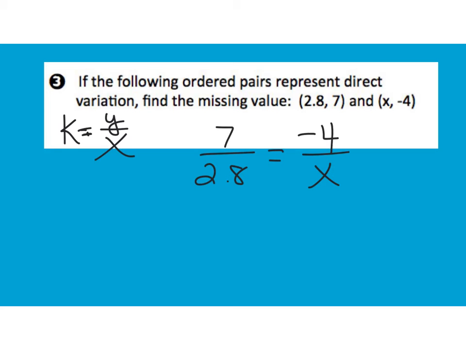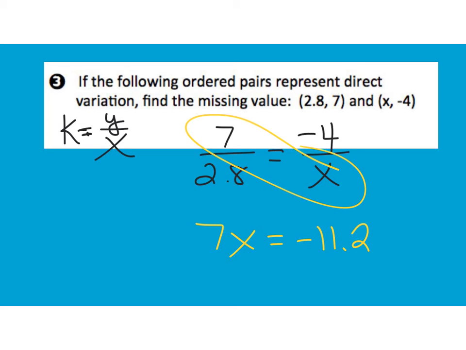And I mentioned before, we've got a proportional relationship, so it all comes together. How do we solve a proportion? We cross multiply. 7 times x is equal to negative 4 times 2.8, which would be negative 11.2. Then I divide both sides by 7, and I get x is 1.6 for my missing value.